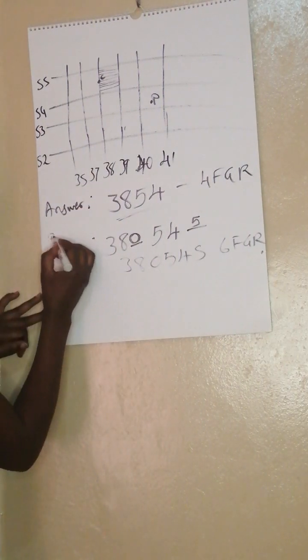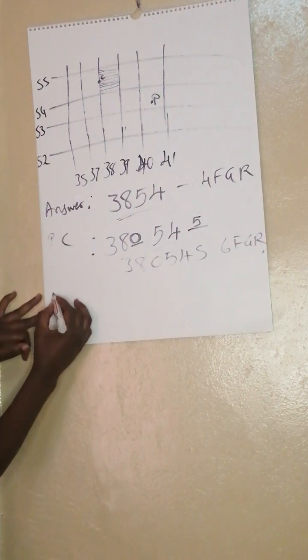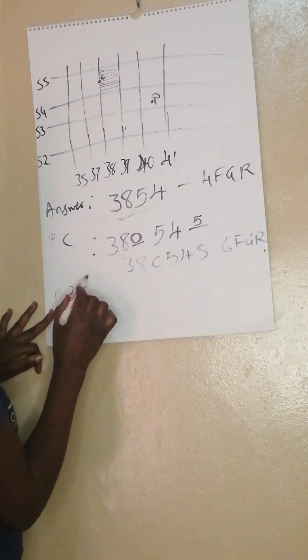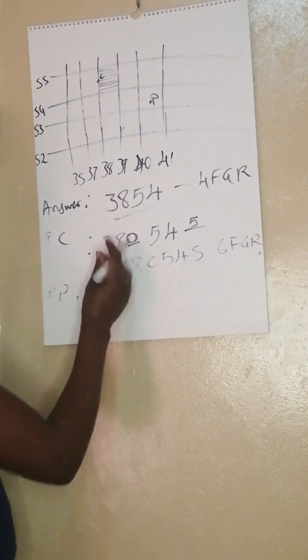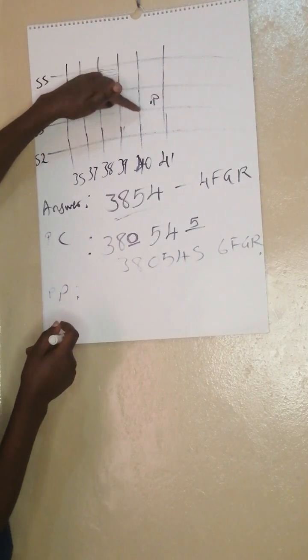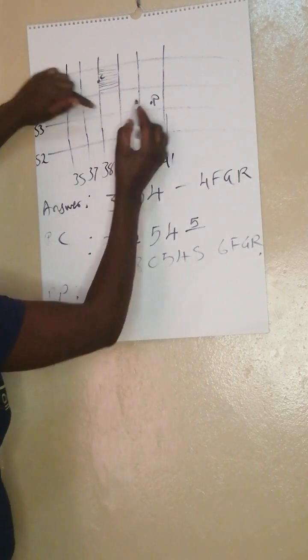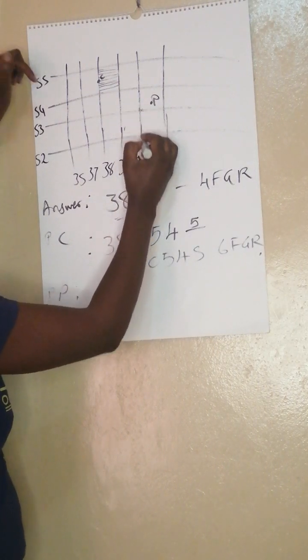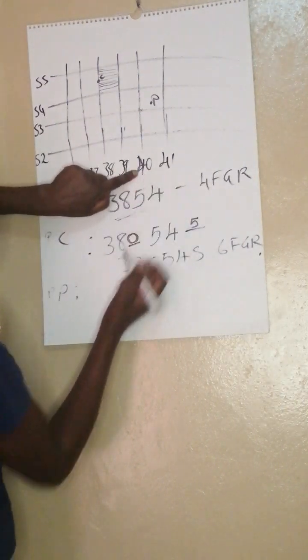Then the second one, this is for point P. Point P, we have this square, and the southwest corner is here. So the lines passing there, for eastings, we have 40.